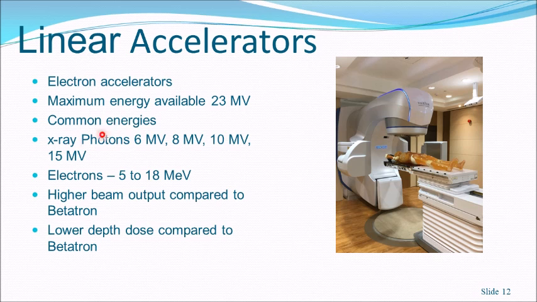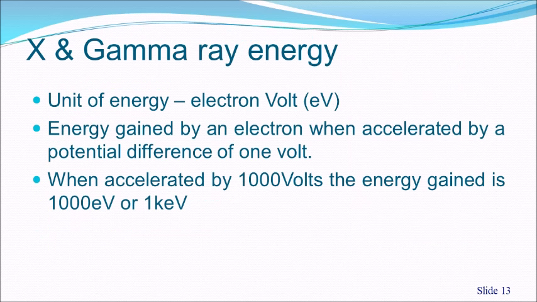But the common energies used in radiotherapy are 6, 8, 10 and 15 MV photon beams, and electron beams from 5 to 18 MeV. It gives higher beam output compared to a Betatron, a higher dose rate, but lower depth dose characteristics.